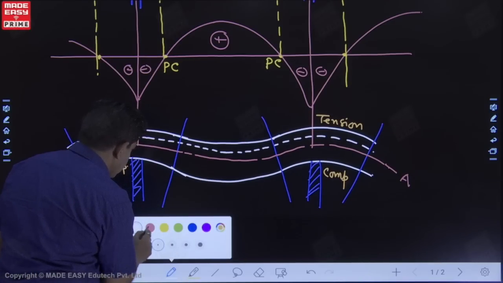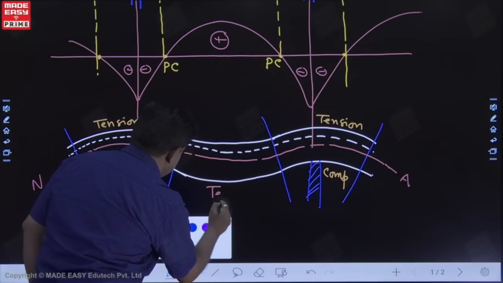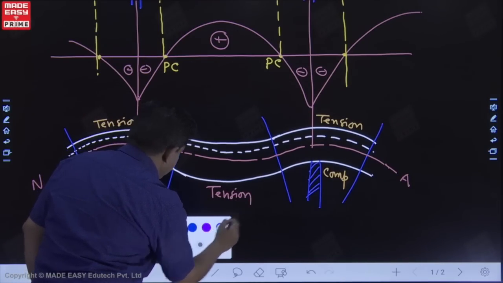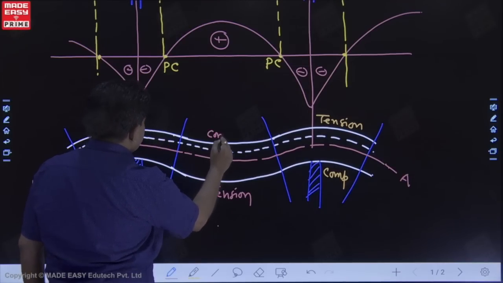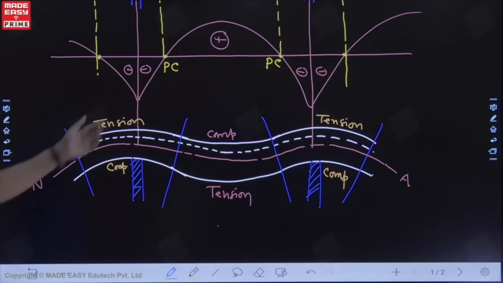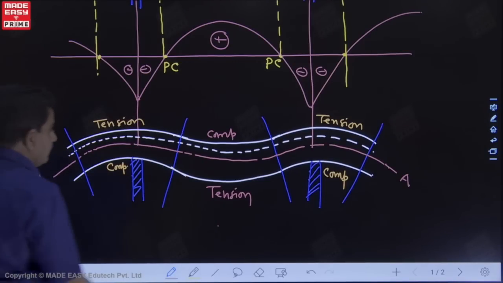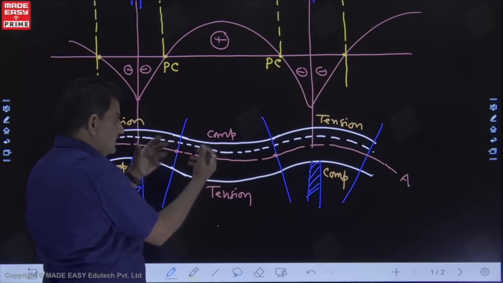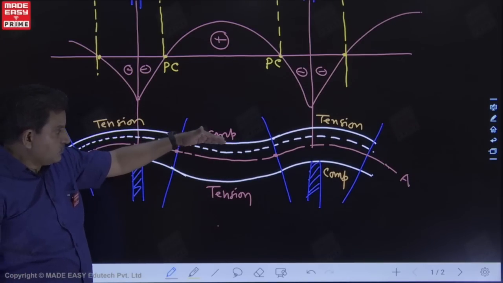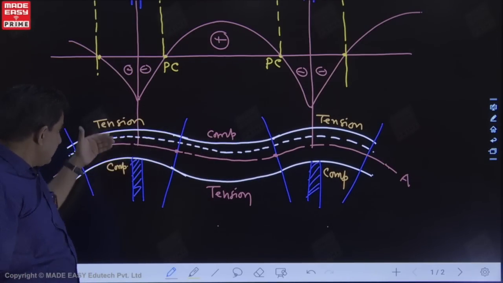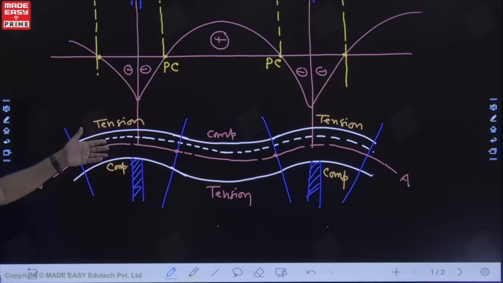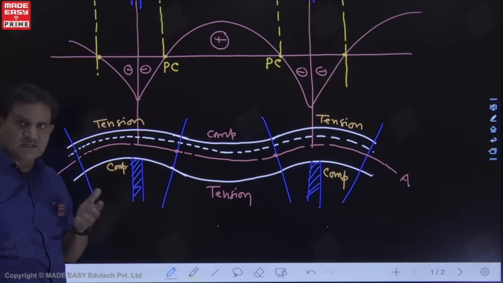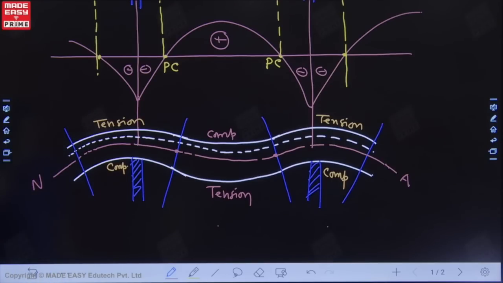So in this portion we have tension on this side, whereas compression on this side. Compression is at top, tension is at bottom. So between these 2 points, your beam will behave like a T-beam because your flange will be in compression, but in this area it will not behave like a T-beam, it will behave just like a rectangular beam.